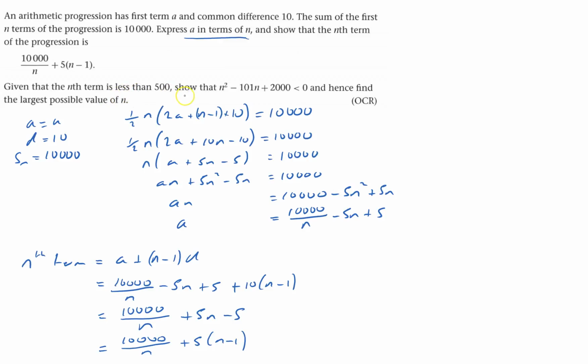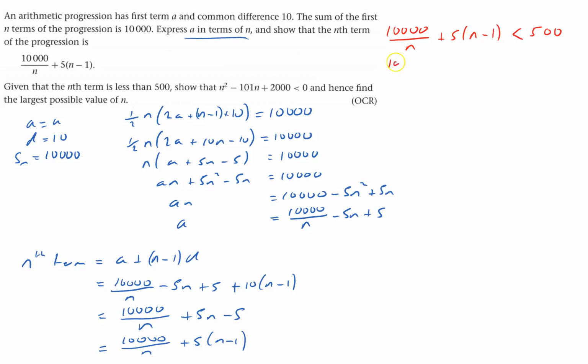It now says given it's less than 500, so I'll do it in red. Given that 10,000 over n plus 5 lots of (n minus 1) is less than 500, I've got to show it's quadratic. If I times through by n, that'll give me an n squared.